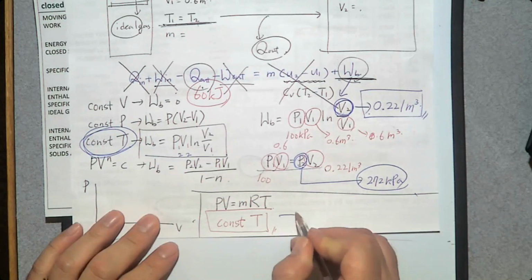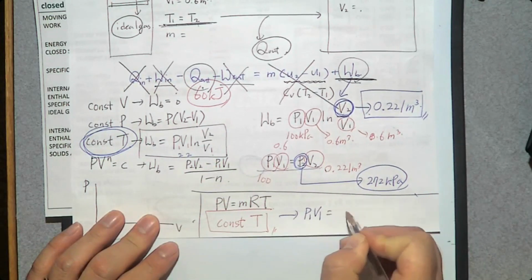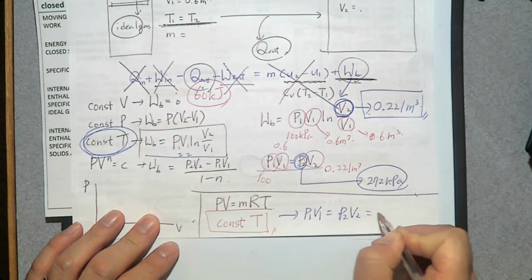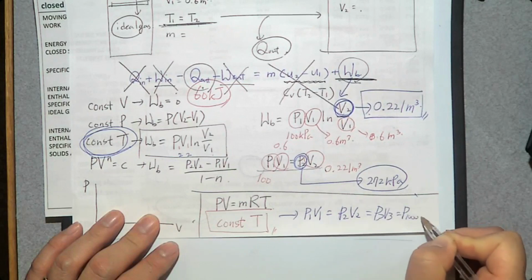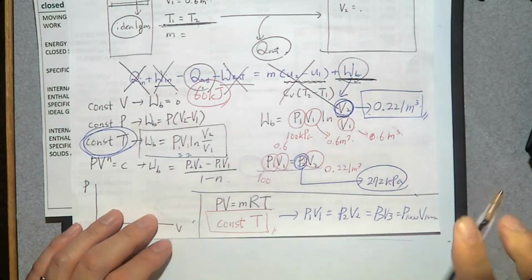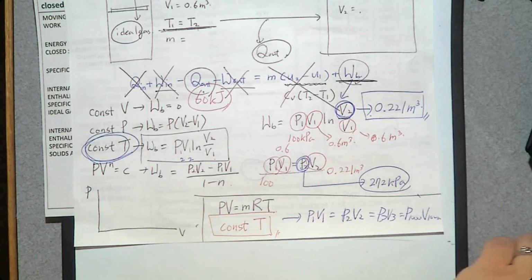That means P1 V1 is the same as P2 V2, the same as P3 V3, the same as P1000 V1000, etc. Whenever you have a constant temperature process. So we can use P1 V1 equals P2 V2. We have everything but P2. Can you determine P2? Yes.